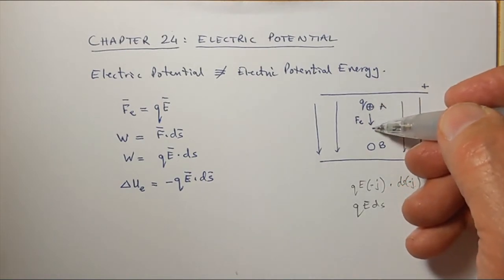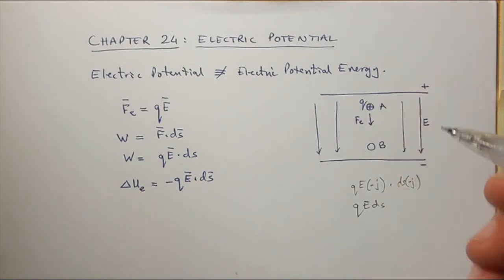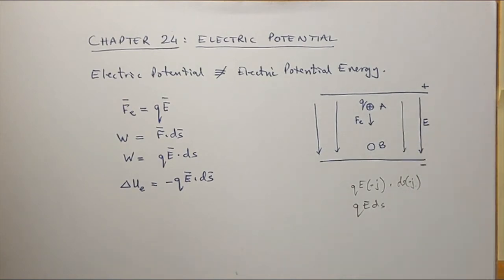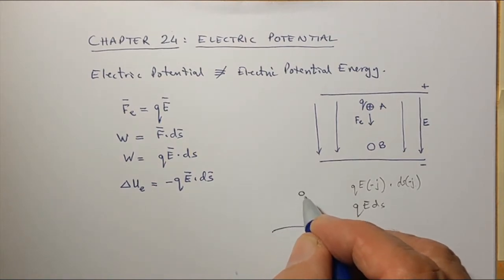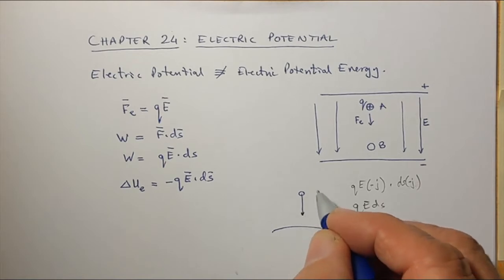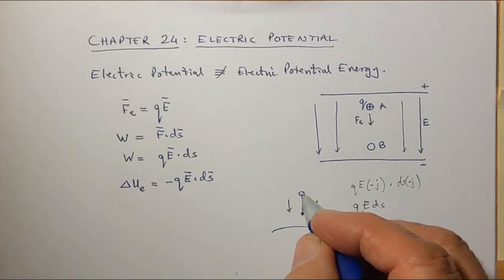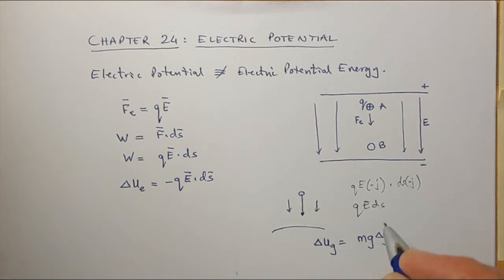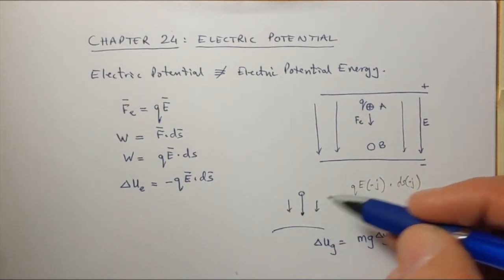Now the potential energy is going to be decreasing as it goes down because it's going in the direction of the field. Similar to if we have a gravitational field, if here's the surface of the earth and you have an object that's falling downwards, going towards the direction in which the force is pulling it, then there's a loss of potential energy, which is given by mg, which is the force, times the delta y, and the delta y is a negative number, so it will lose potential energy.